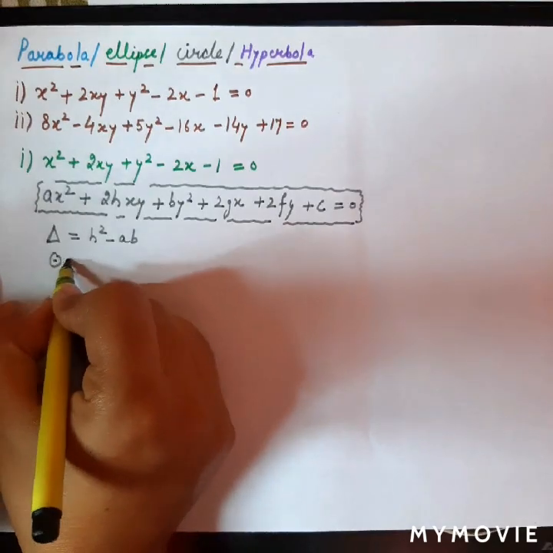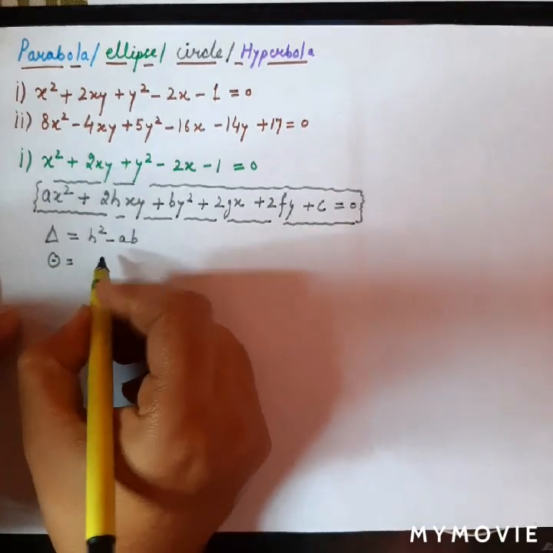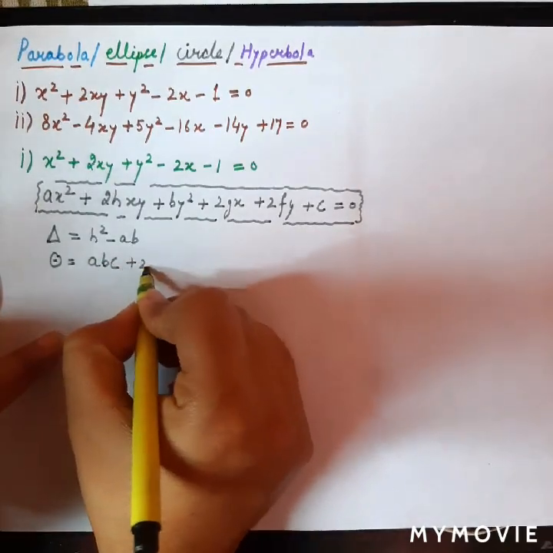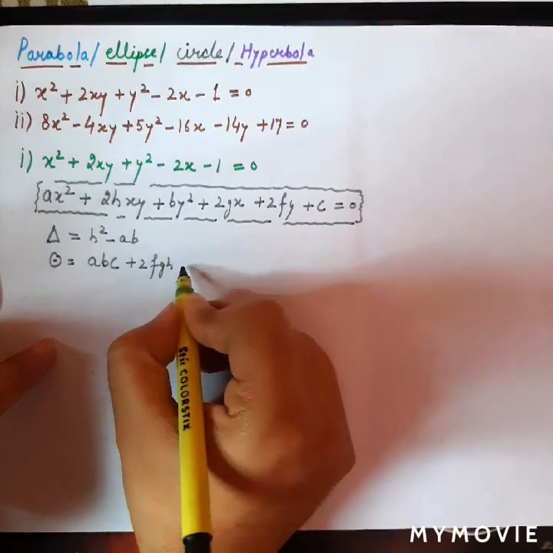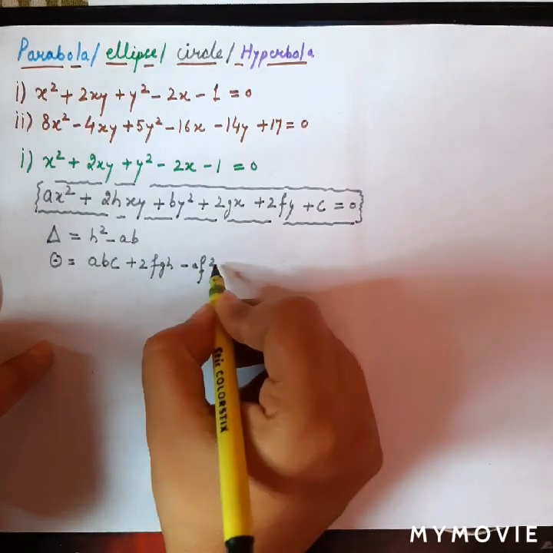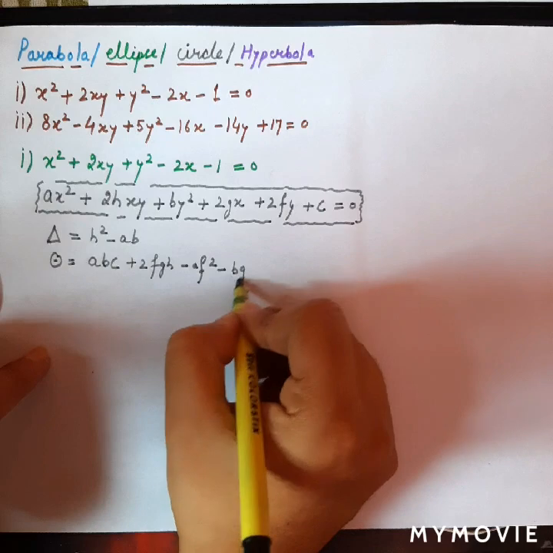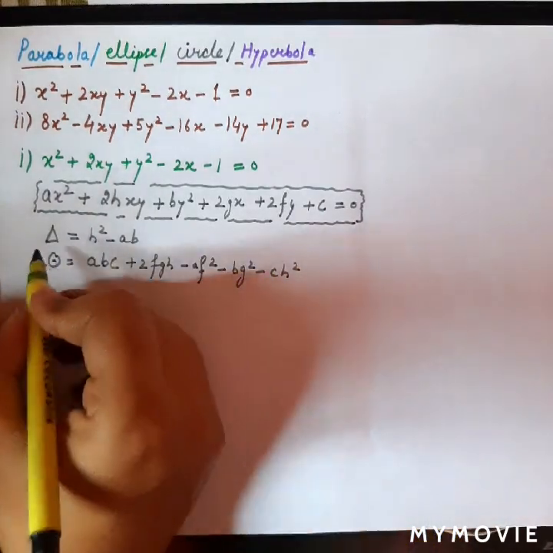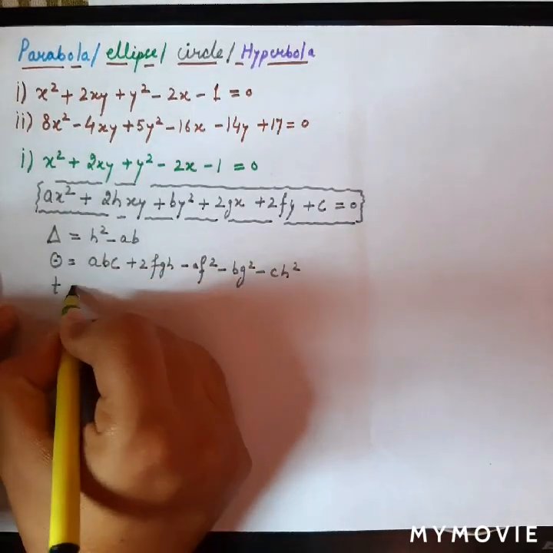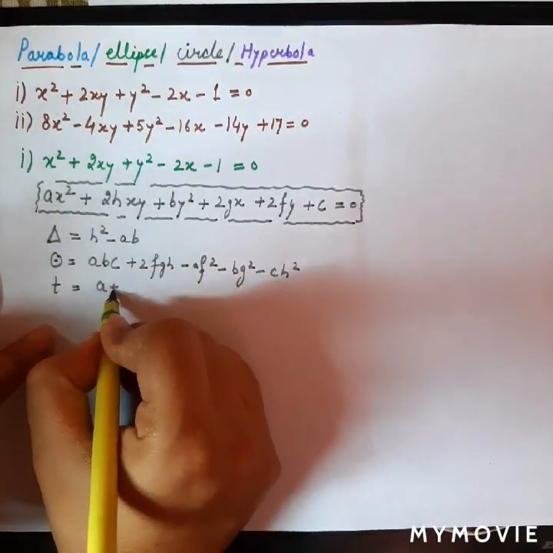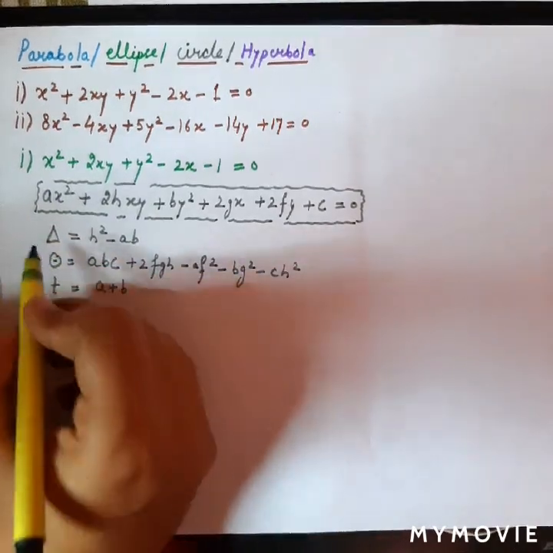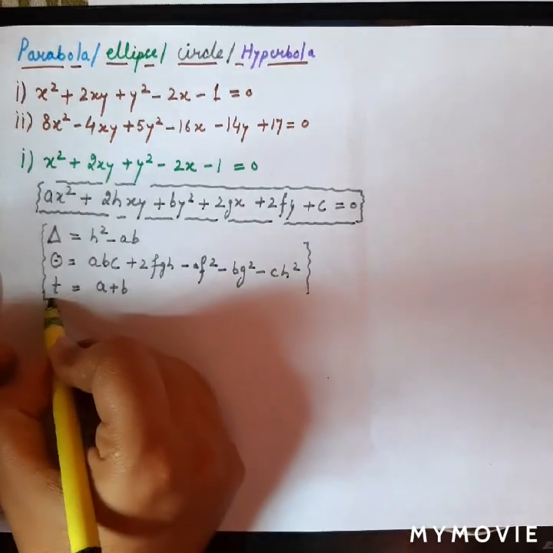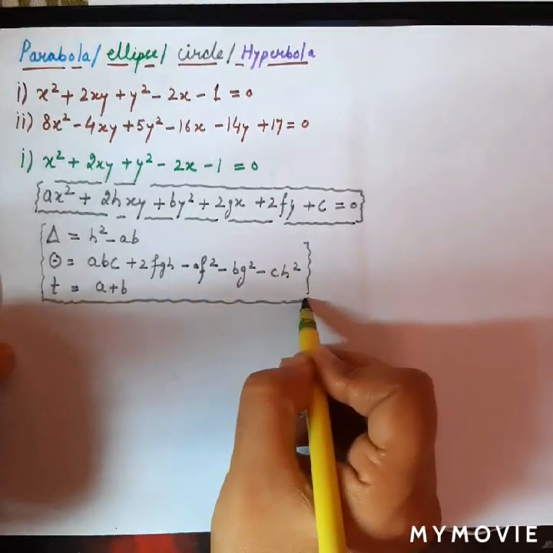And phi will be equal to abc plus 2fgh minus af square minus bg square minus ch square. One more is t, which is equal to a plus b. Only these are the conditions that you have to keep in mind while solving these types of questions, right?